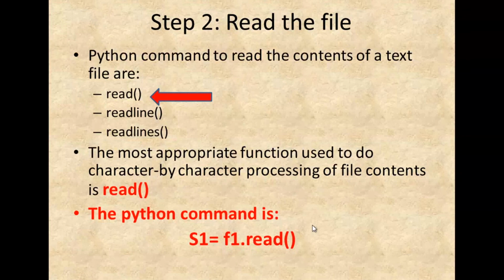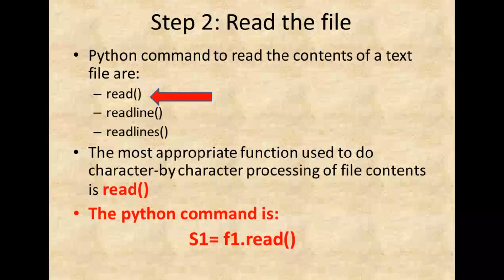F1.read will read the entire content of the file and transfer the content into the variable S1. S1 is a variable which will contain the entire content of the file book.txt.